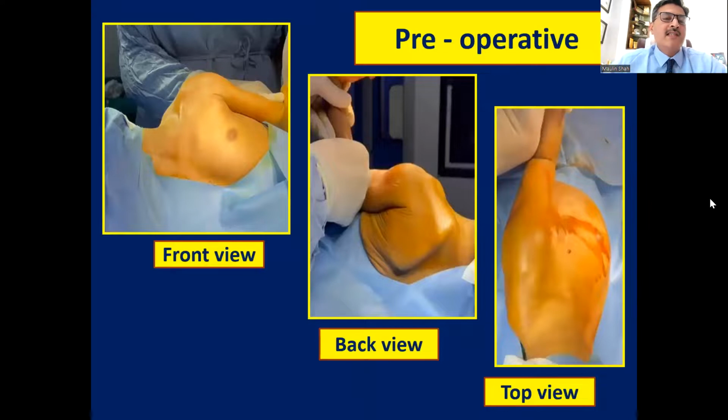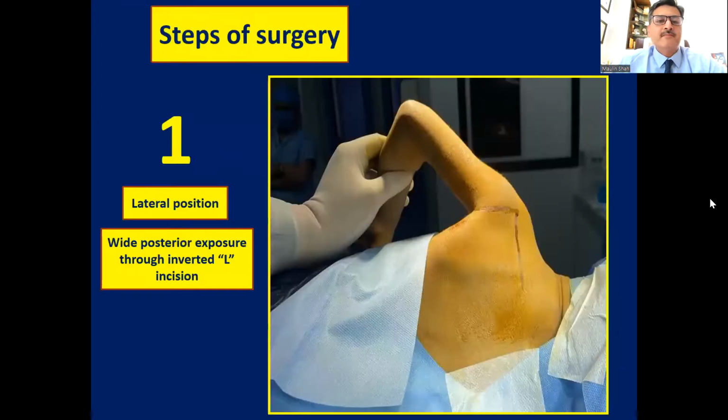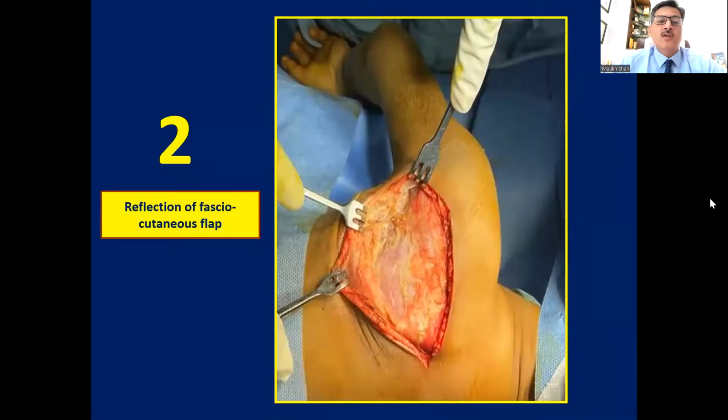Intraoperatively, you can see the front view, the back view, and the top view, which shows prominence of the postero-superior angle of the scapula. So what was the first step of surgery? It is an inverted L extensive posterior exposure, which we use for glenoid osteotomy. You reflect the fasciocutaneous flap.